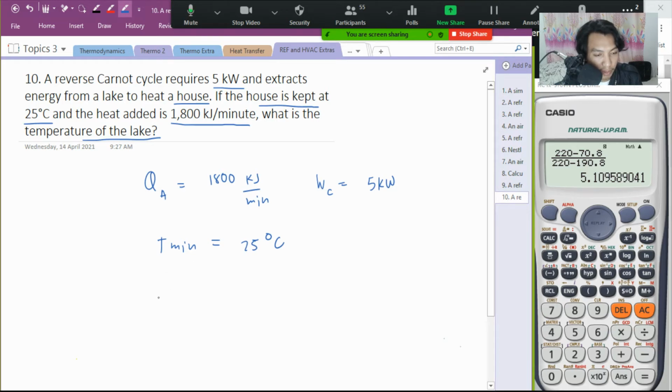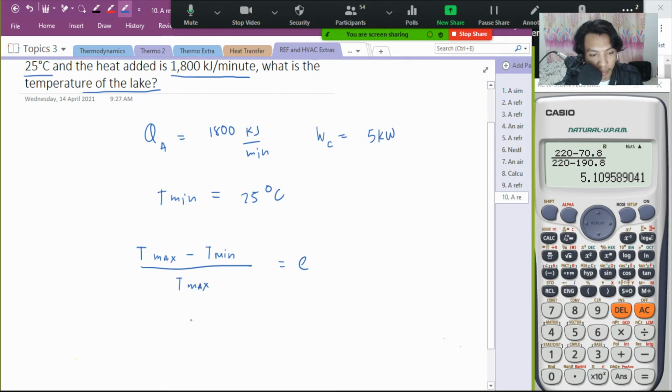Therefore, 'di ba kapag reverse Carnot cycle, T max minus T minimum divided by T max. 'Di ba ganito 'yan yung efficiency? Simplify natin, 1 minus T min over T max dito nagmula 'yan.